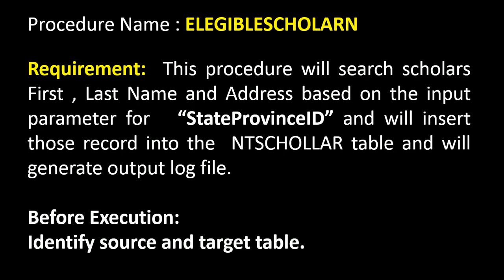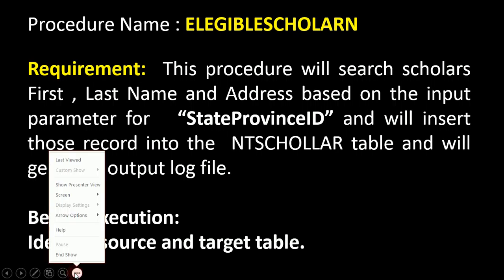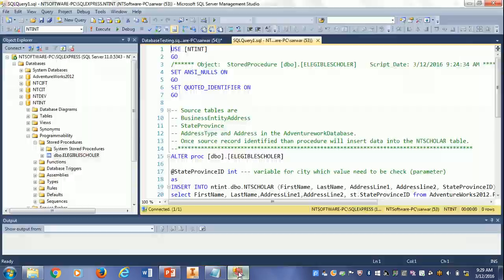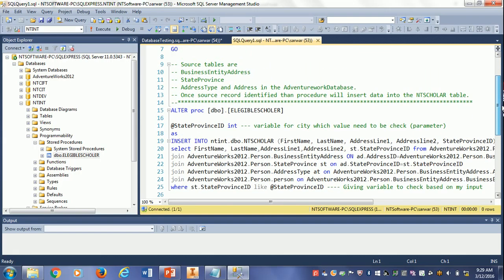Before testing, we have to identify what the source and what the target table is. The source table could be in one database, and the target table could be in another database. Once we understand that requirement, we go and check that the procedure is developed correctly and identifies all tables in its statements.